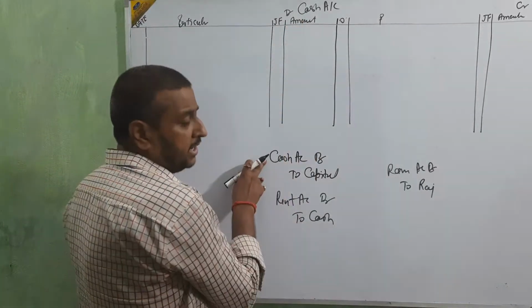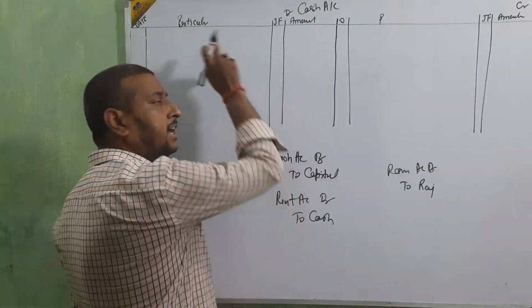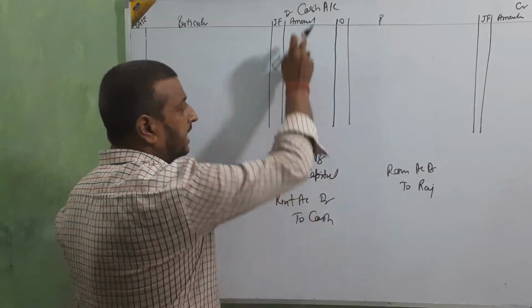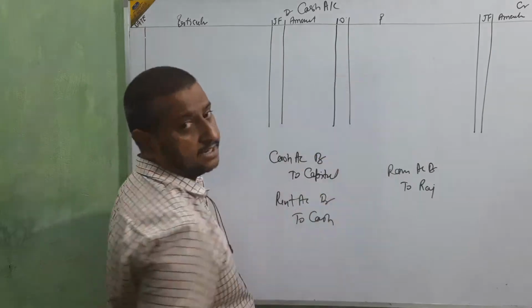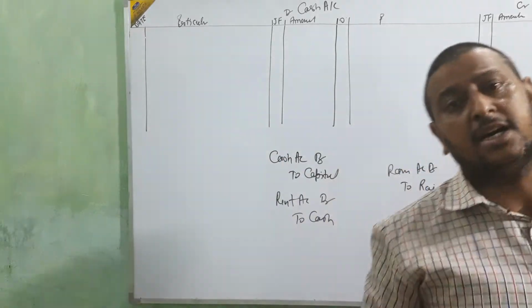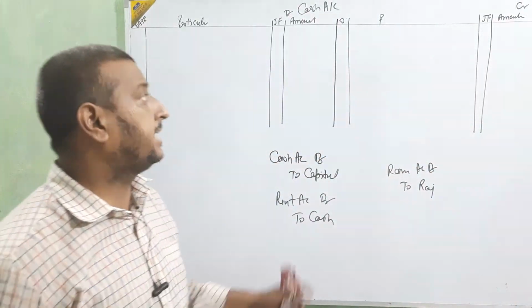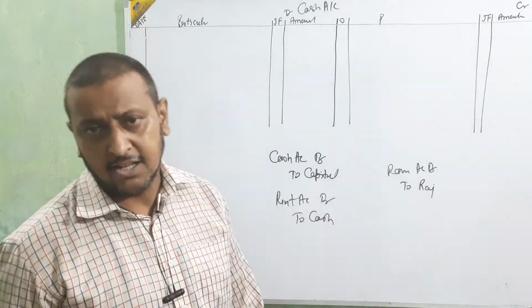And if that is credit, then its opposite account will be credit. It means the account which we are going to make from the journal entry, if that is debit, its opposite account will be debit; if that is credit, its opposite account will be credit.